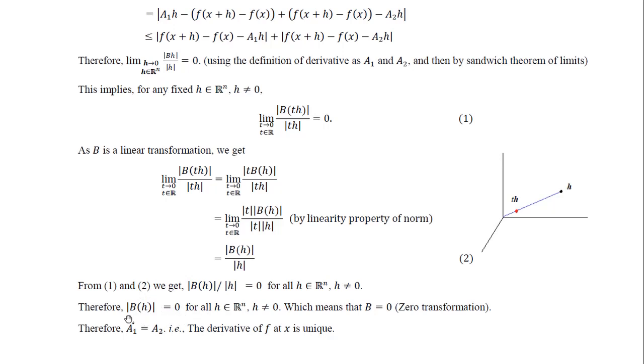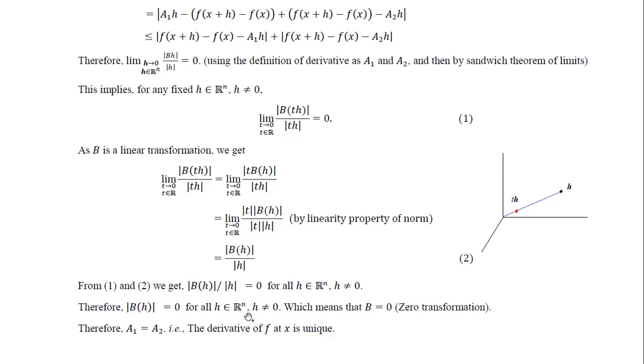So by applying that second property of the norm, Bh is 0 for every non-zero h in Rn. And for h equal to 0, Bh is always 0. So Bh is 0 for every h belonging to Rn.